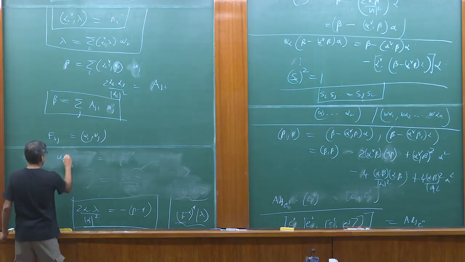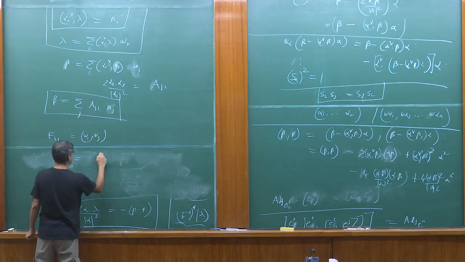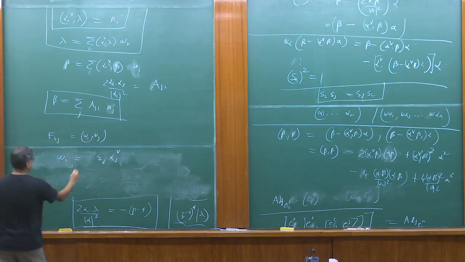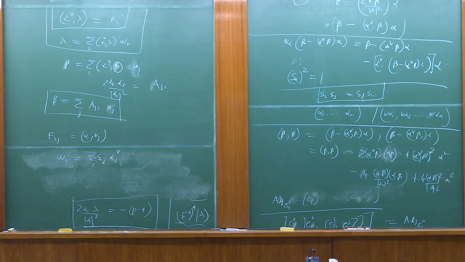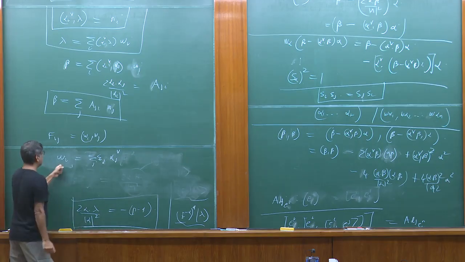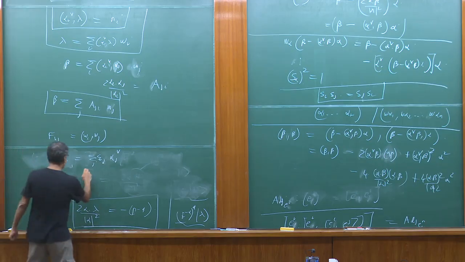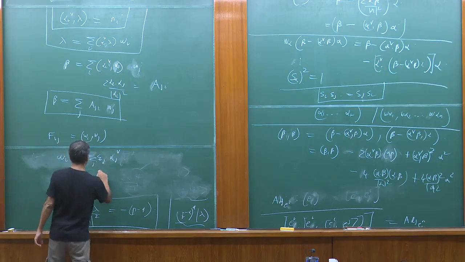For whatever reason, suppose I want to do it. So I want to write this as zeta_ij alpha_j vee, sum implied. If I wanted to do it, then I can easily find this coefficient just by taking the dot product with omega_j on both sides. This gives you F_ij. These are symmetric things.